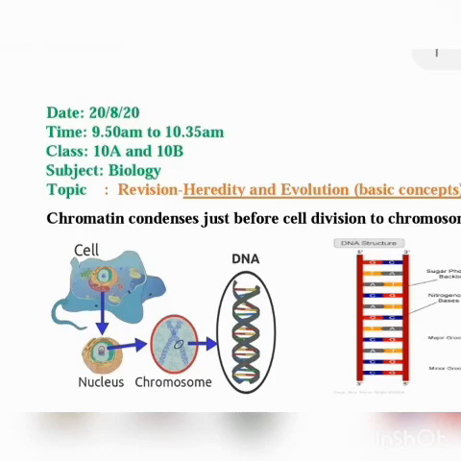So if 24 pairs are there, that means there are 24 maternal chromosomes and 24 paternal chromosomes, and they lie in the center in homologous pairs. A homologous pair means one maternal chromosome and one paternal chromosome, which are similar in shape, size and structure, and have the same locus for a gene which controls a particular trait.